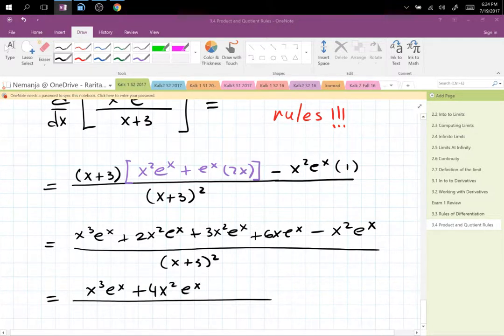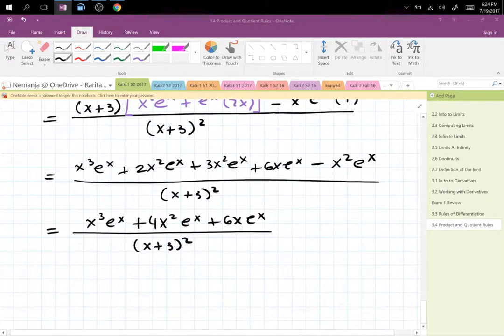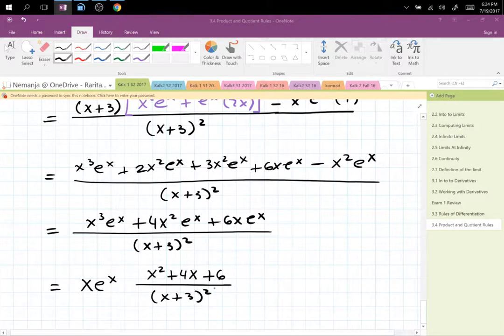And then we have plus 6x e to the x divided by x plus 3 squared. And then we can factor x e to the x, and the rest is x squared plus 4x plus 6, divided by x plus 3 squared.